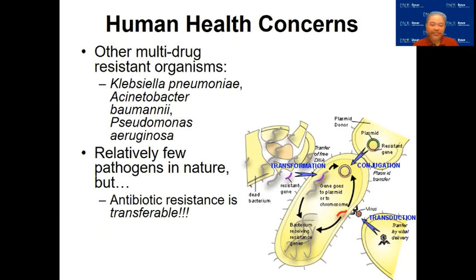The other one is transformation. This is a process where parts of the DNA are taken up by the bacteria from the external environment. This DNA is normally present in the external environment due to the death and lysis of another bacterium.